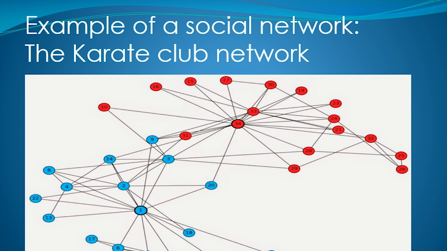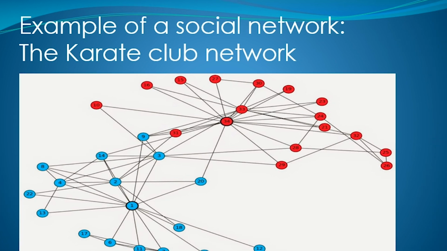This is one of the classical networks called the karate club network. This network actually was taken by observing the behavior of members of a karate club and how they interact during a period of a few years. Here again, you can see some of the things. One is, it is having two colors, right? And you can see that these colored people are closer to these than these colored people.